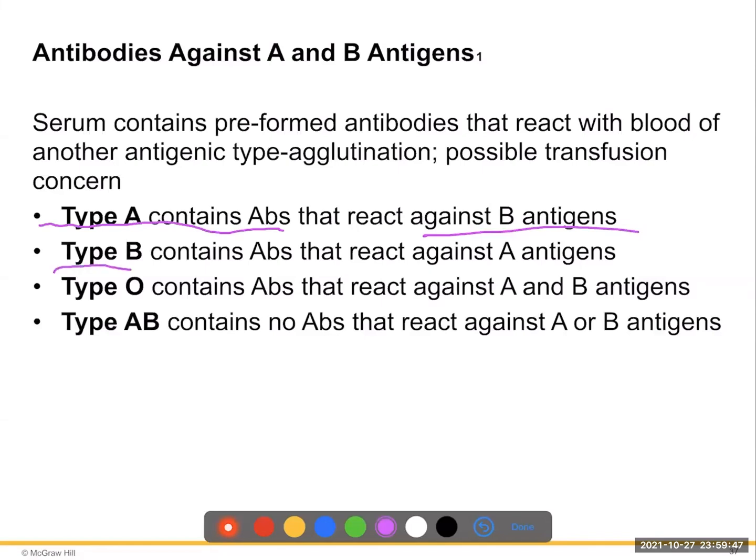Type B contains antibodies that kill the type A antigen. If you're type O, you don't have any A or B antigens, so you have antibodies that react against both A and B. If you're type AB, it contains no antibodies because you have A and B on there, so you can't have antibodies against your own cells.